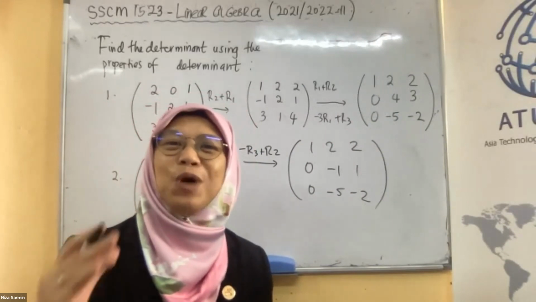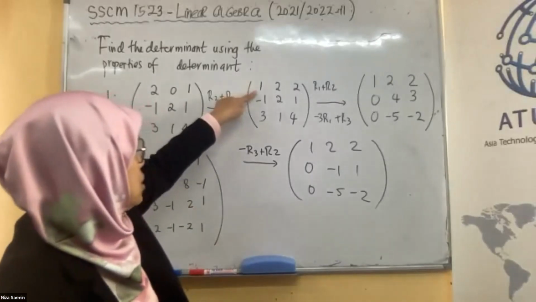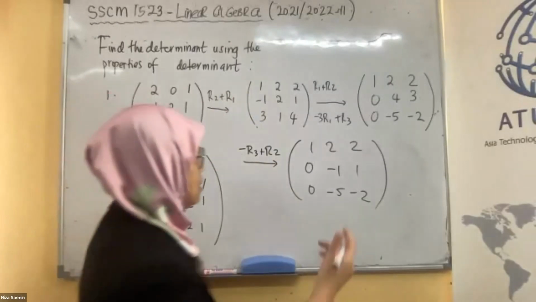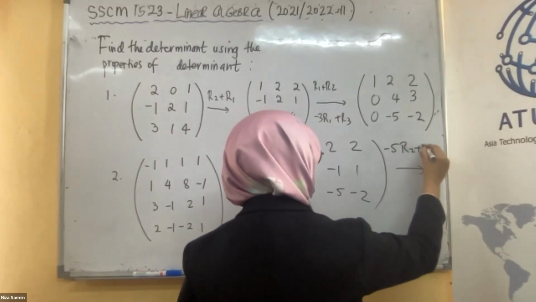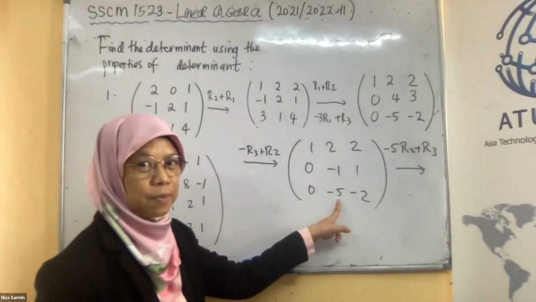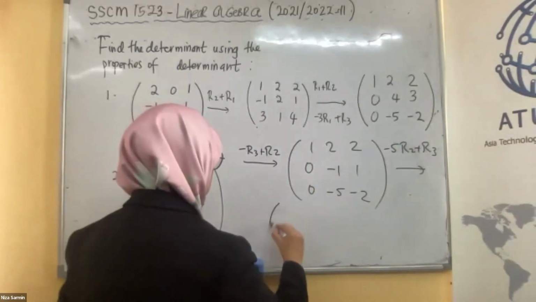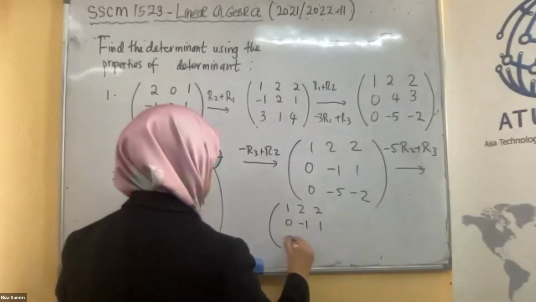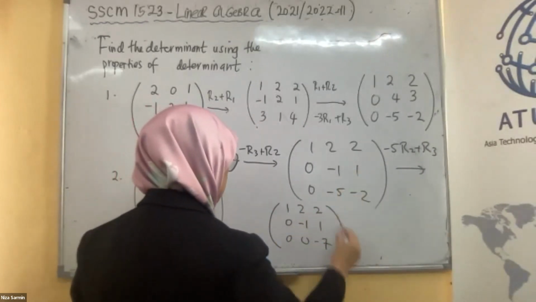So it doesn't have to be 1 on the diagonal. I want this to be 1, so it's easy for me to make this 0. For this one, you can just leave it like this because this is easy. You just multiply this and add, because this will be 0. That is what we want. So we will get 1, 2, 2, 0, negative 1, 1, 0, 0, negative 7, right?